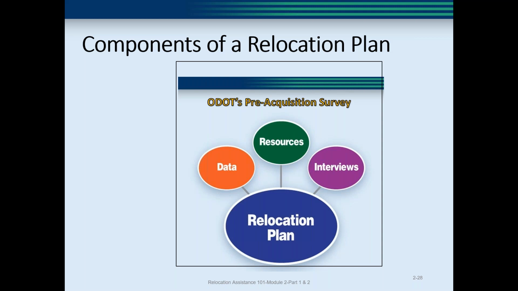If you have other projects that are also going to need to utilize houses on the market, you need to address that. The agency will have to identify the availability of the housing resources to meet comparable replacement housing needs.